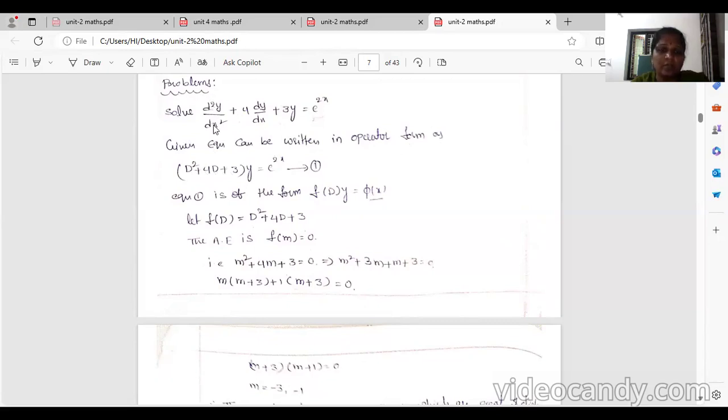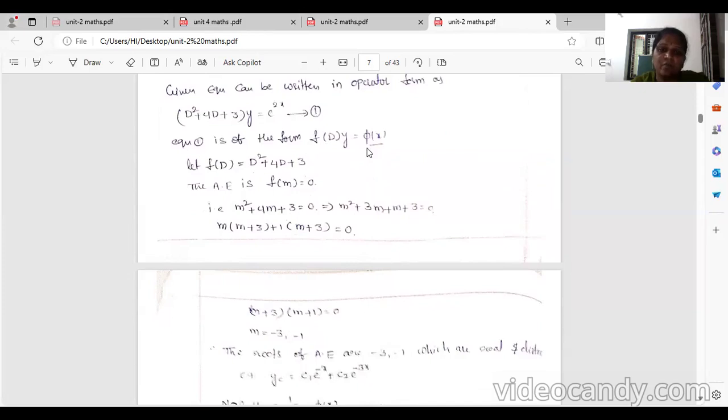D²/dx² means capital D squared, and d/dx means capital D. This is equation 1, of the form f(D) y = Q(x). So f(D) = D² + 4D + 3.